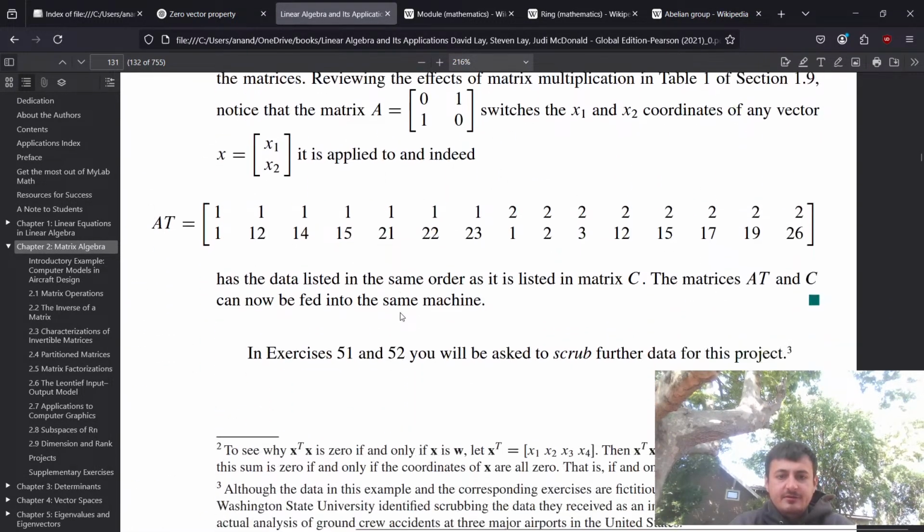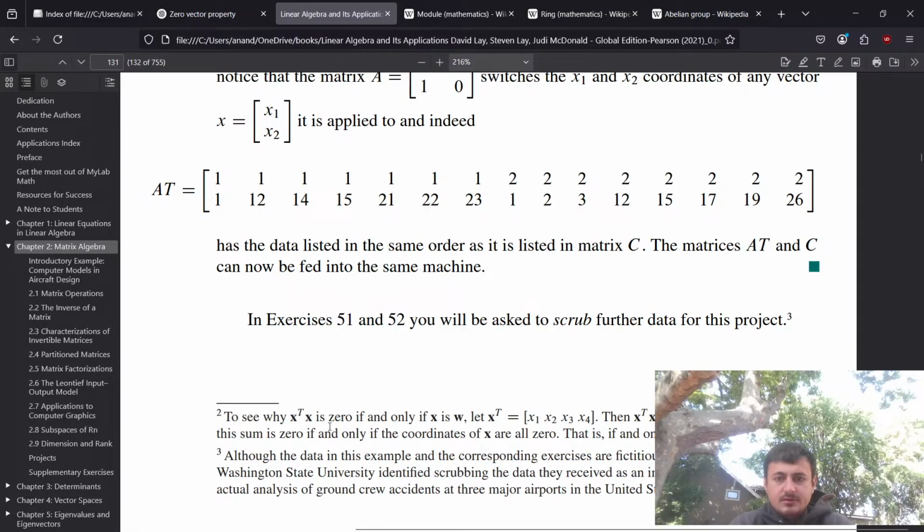Is that a footnote or a... Oh yeah, here we go. That's a good example.